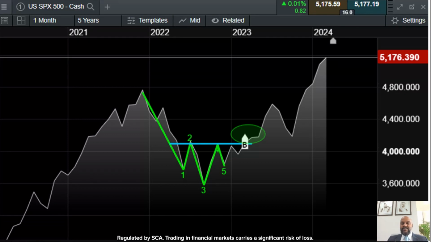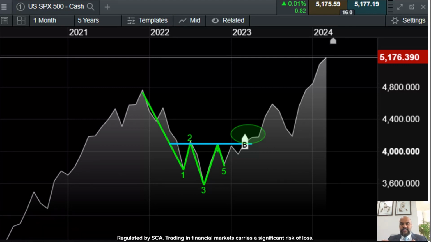Now, a closing price or an opening price is also considered stronger. The reason being, everyone by the end of the day or by the open has settled for that particular price. So it becomes a little stronger in terms of support and resistance. But nevertheless, please do consider both while you're doing analysis.